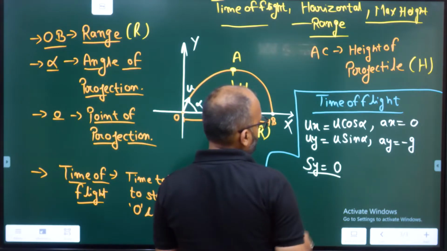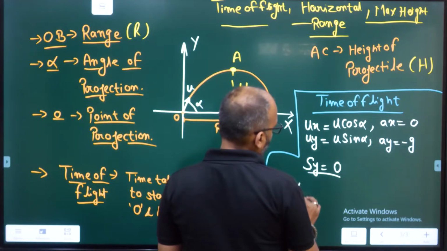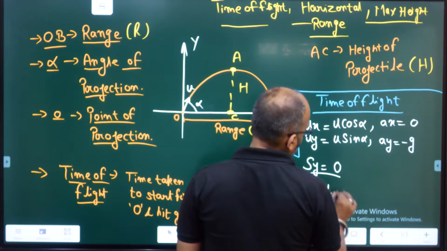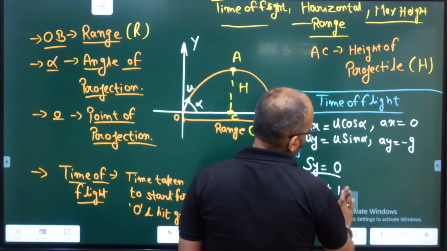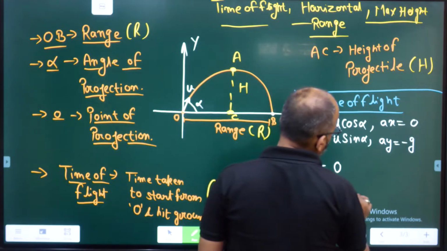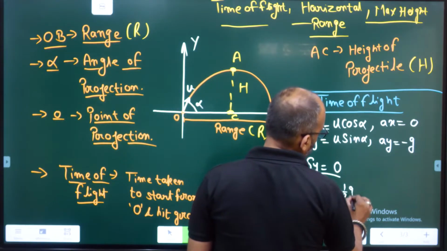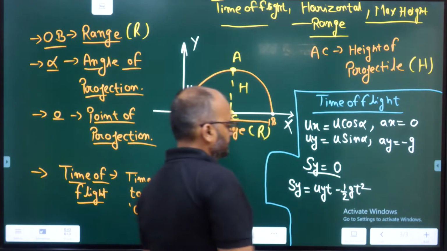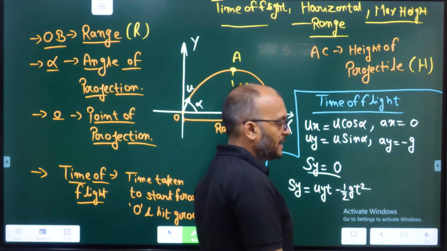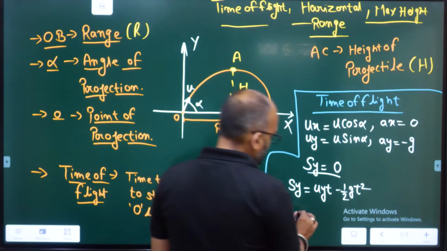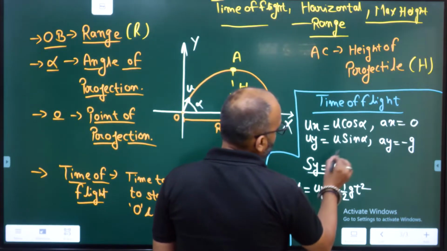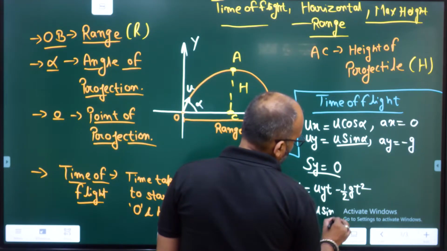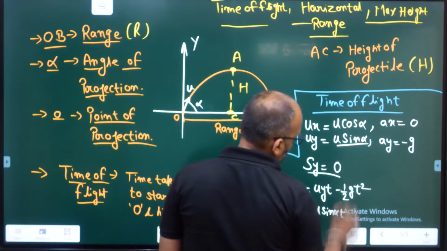So I am going to use this, that Sy will equal uyt minus half g t square. This is 0. What is uy? It is u sin alpha. So u sin alpha into t.